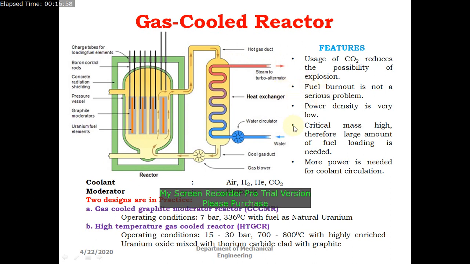After expansion, the steam is condensed in the condenser and circulated back into the heat exchanger with the help of the feed water pump. After rejecting the heat, the cooled gas is once again supplied back to the reactor.